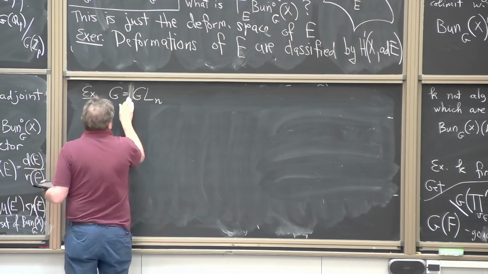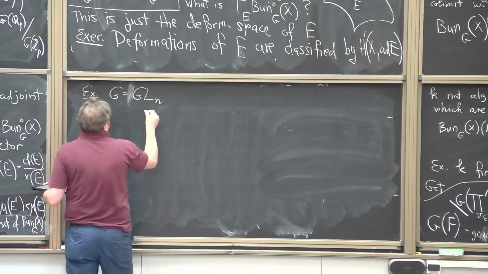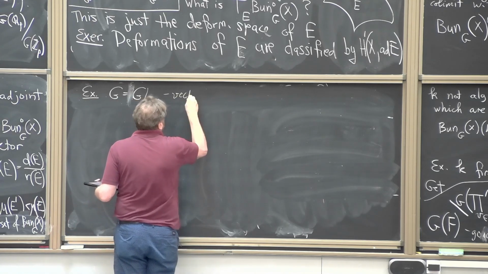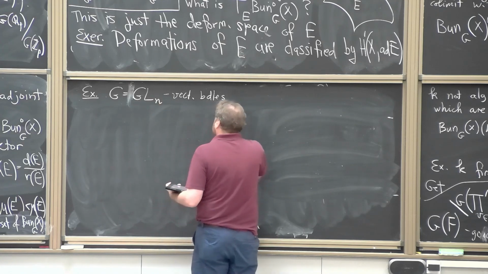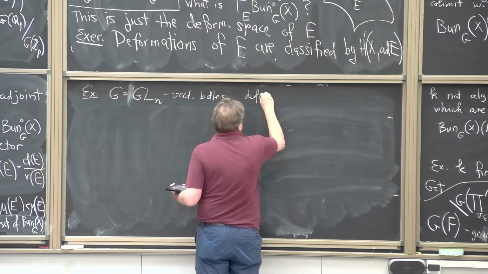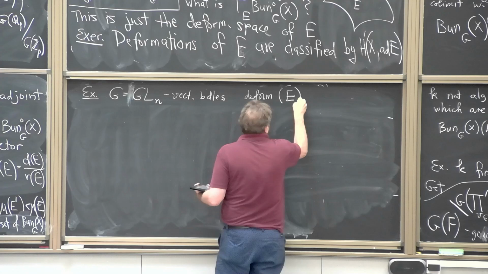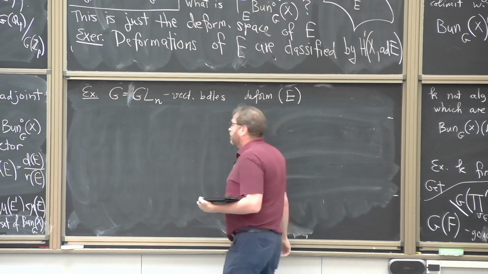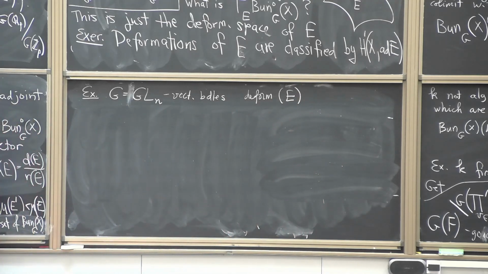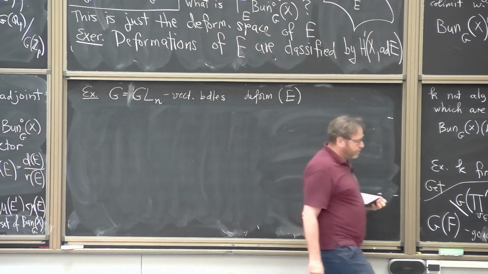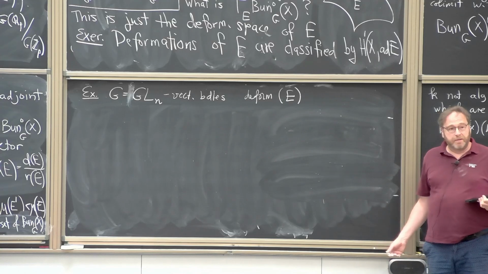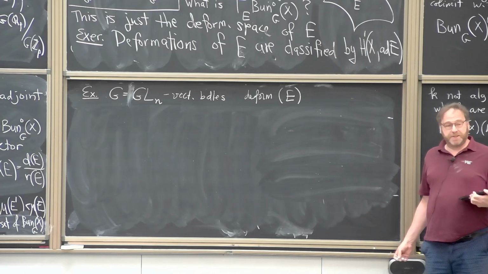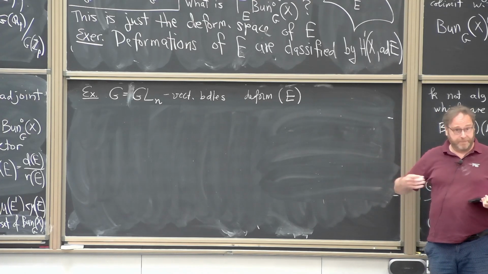Okay, so let's take GL_N. So in this case, it's vector bundles. And so deformations of E are like deformations of projective modules over the sheaf of functions on X of rank n. And deformations of modules over any ring are classified by Ext^1 from the module to itself.